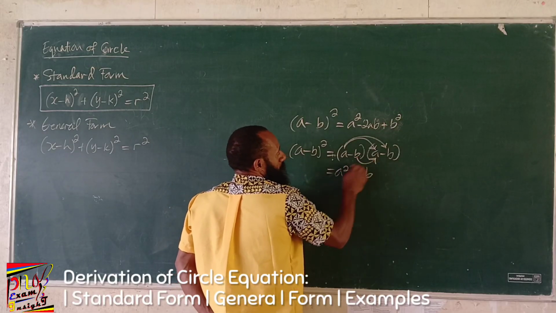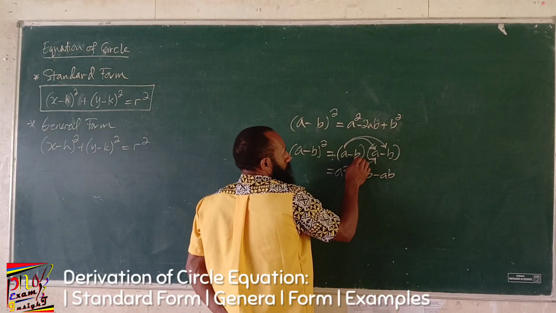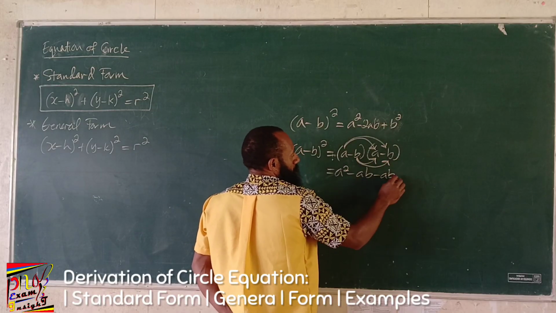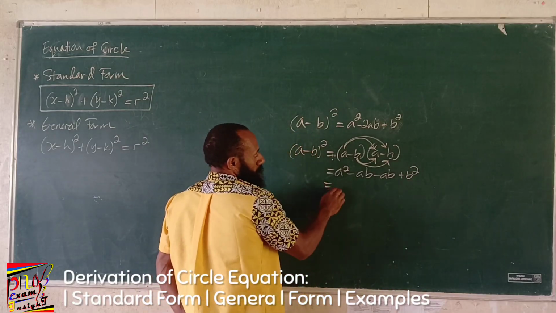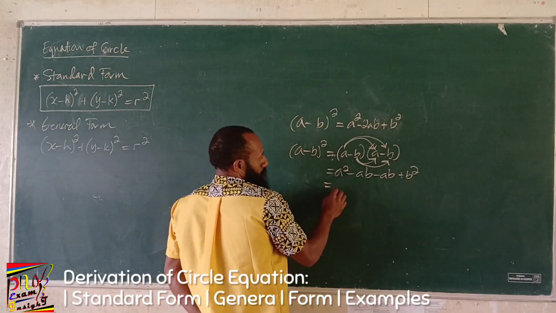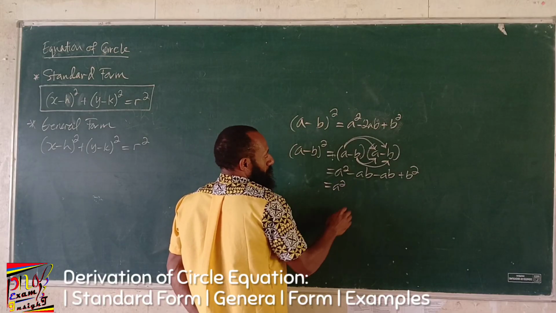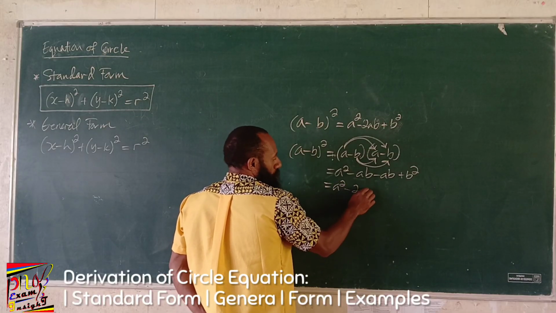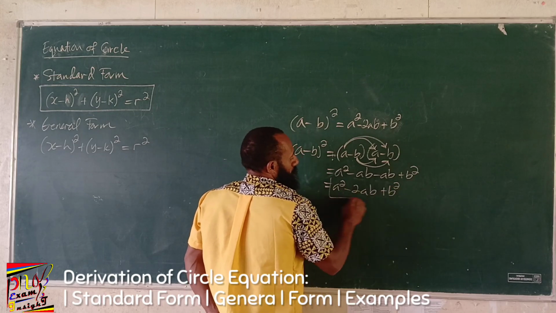Minus b multiplied by a is minus ab. And minus b multiplied by minus b gives us plus b squared. Now collecting like terms, we have a squared minus ab minus ab, which is minus 2ab, plus b squared.